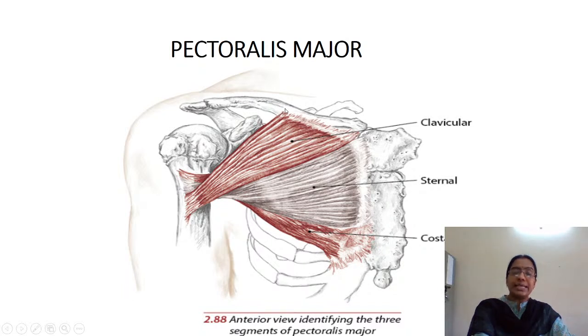It is a triangular shaped muscle. We can see the origin is broad, while the insertion is very narrow.